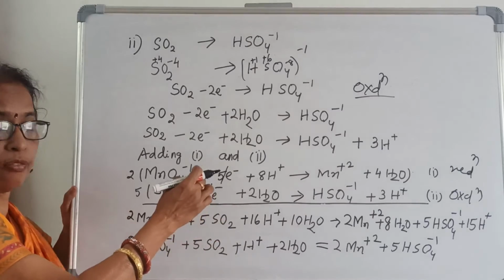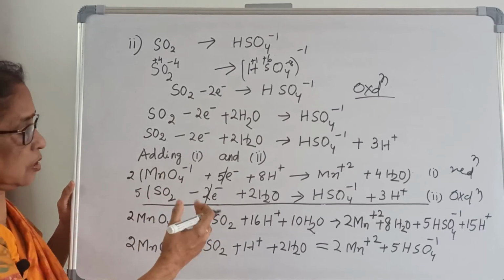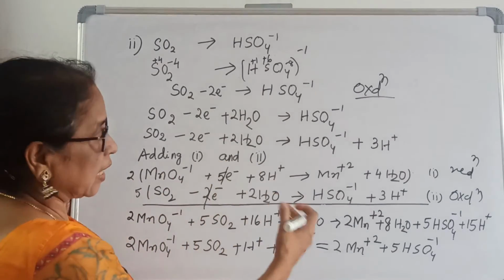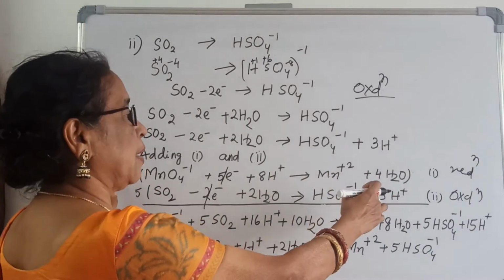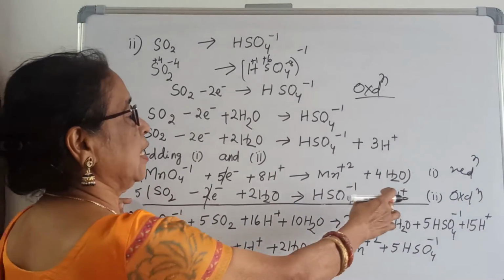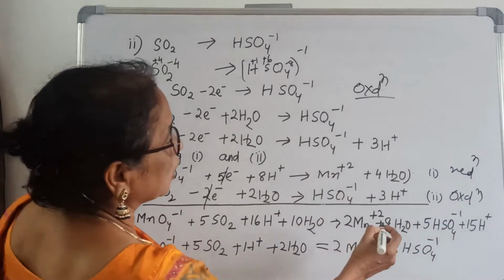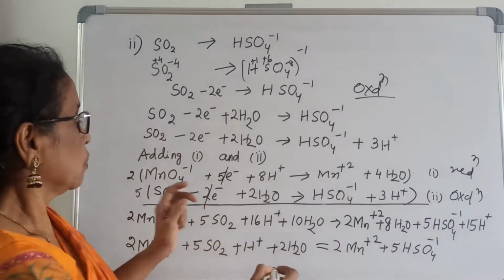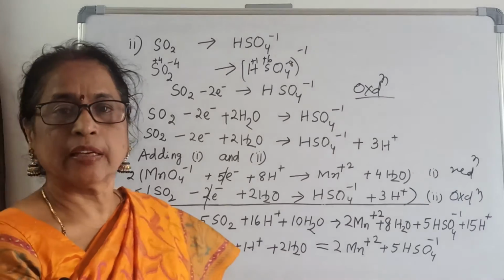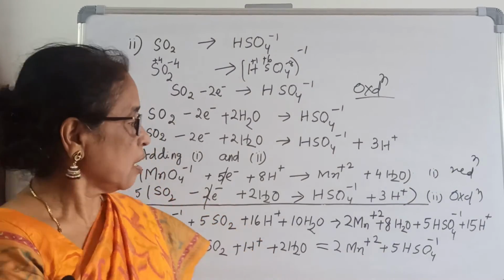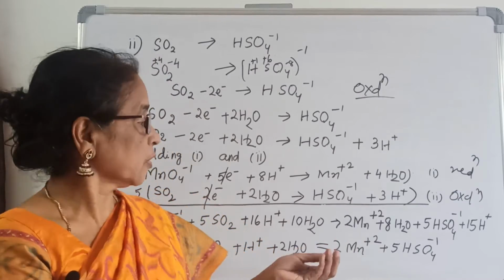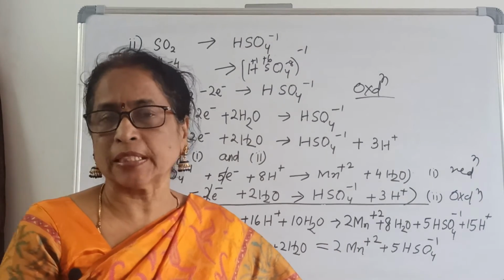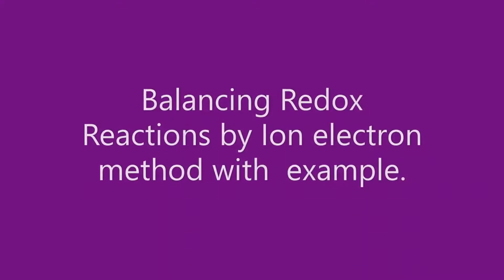Since there are 5 electrons in the first equation and 2 electrons in the second, the first equation is multiplied by 2 and the second by 5, so that you get the final balanced equation. Now you will see another example in basic medium.